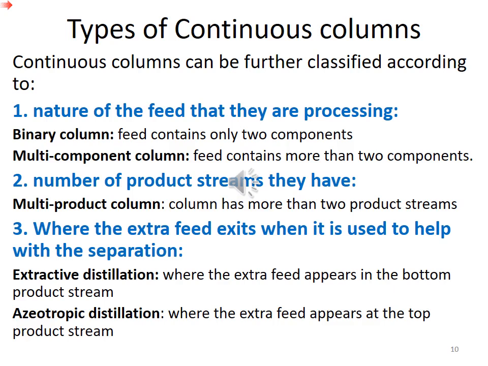This product appears at the bottom of the column and it will be named as extractive distillation product. And the second product, which is usually obtained at the top of the column or top product stream, is azeotropic distillation. So these are three important parameters which are used to classify continuous columns into different categories.